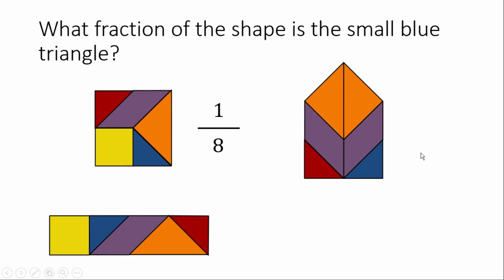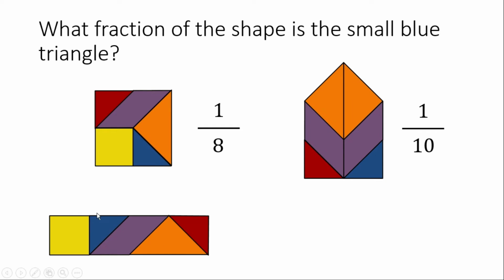And then counting the small triangles themselves, 9, 10. So there are 10 pieces altogether, and only one of them is the blue triangle. Don't count this one as a blue triangle. It's the same shape, it's the same size, but it is not a blue triangle, so it doesn't count. Okay, so 1/10 of this shape is the small blue triangle.